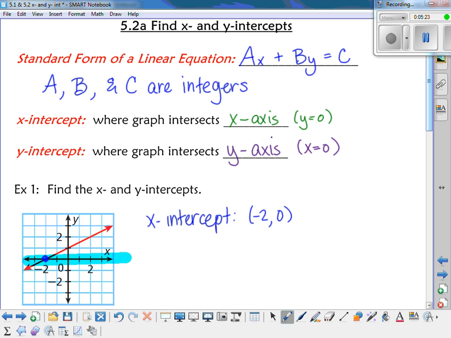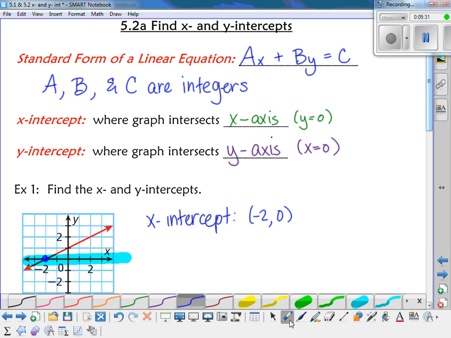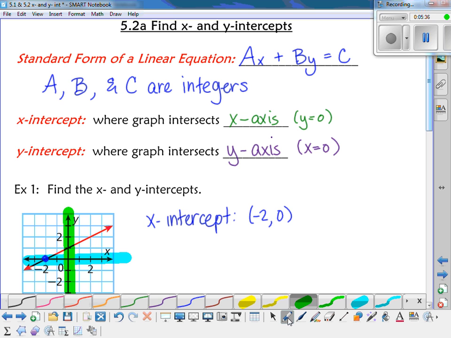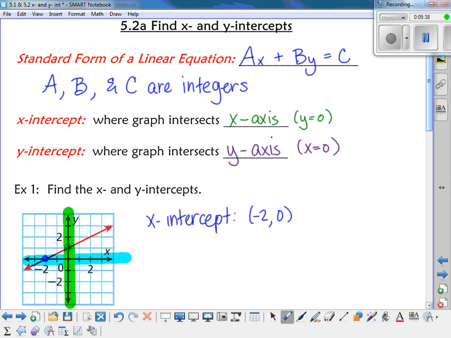Okay, so it's a good habit to get into to write it as the ordered pair so you don't get mixed up about which is which. All right, and then for the y-intercept, I look at the y-axis to see where it crosses. It crosses at 1. So the y-intercept is 0, 1. Okay, are there any questions about this?